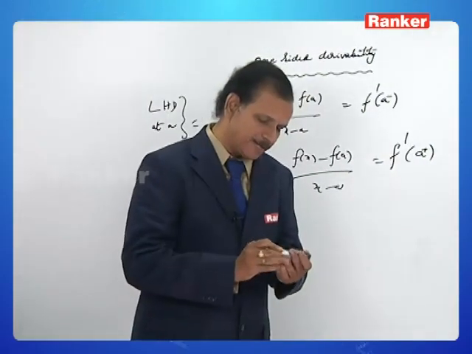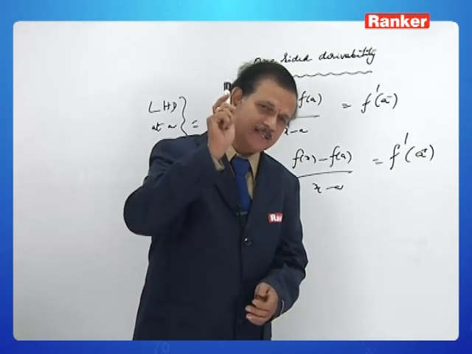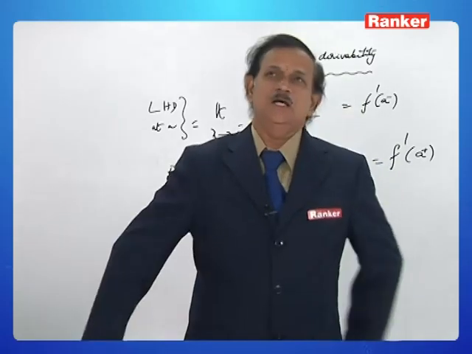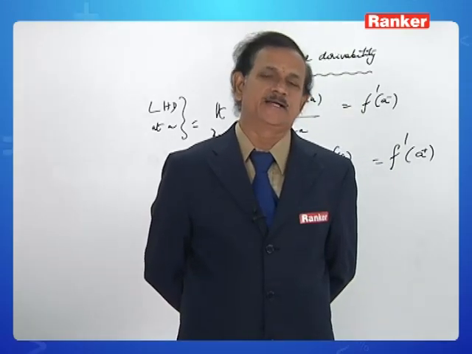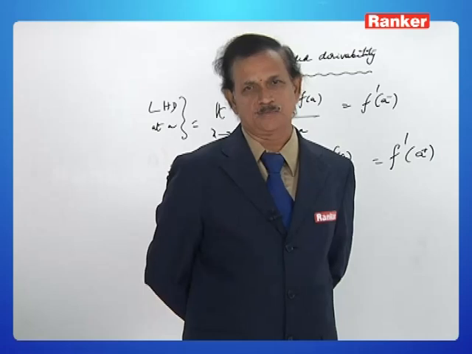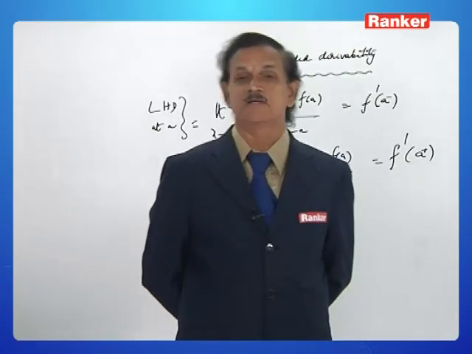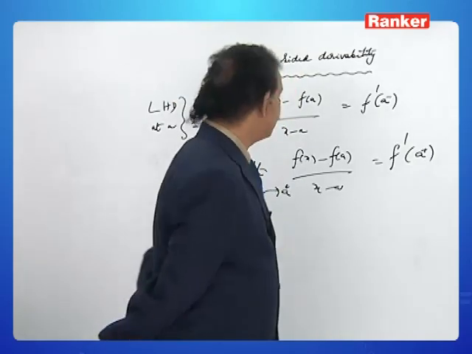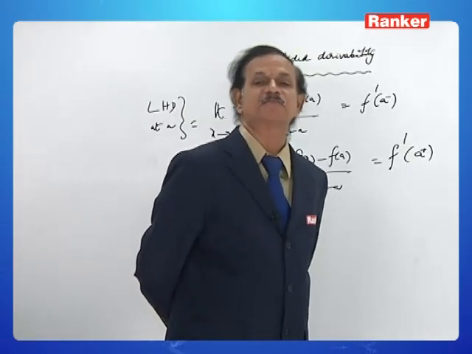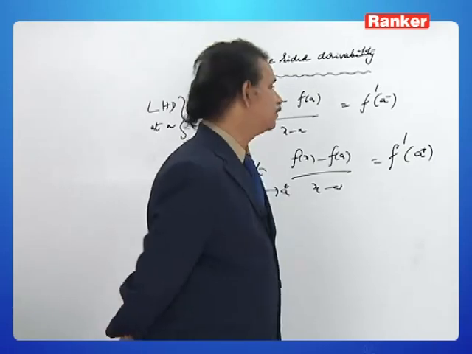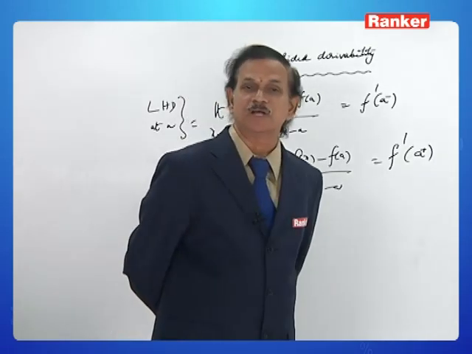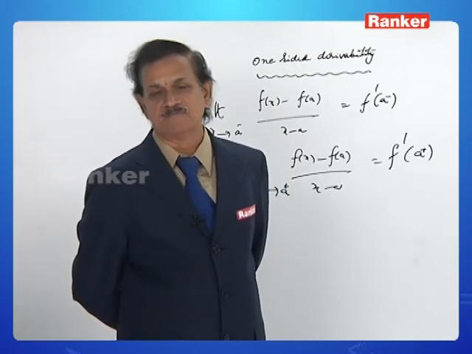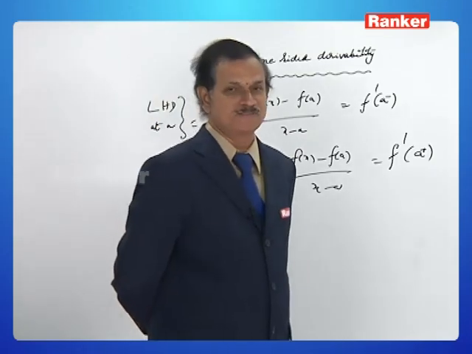One thing is very evident, just like in the case of limits. In the case of limits, we said that if both left hand limit and right hand limit exist and are equal, then only we say that the limit of the function exists. Just like that here also, f must be derivable from left, that is the left hand derivative should exist. f must be derivable from right, that is the right hand derivative must exist. And both those two derivatives must be equal, f dash a from left is equal to f dash a from right.